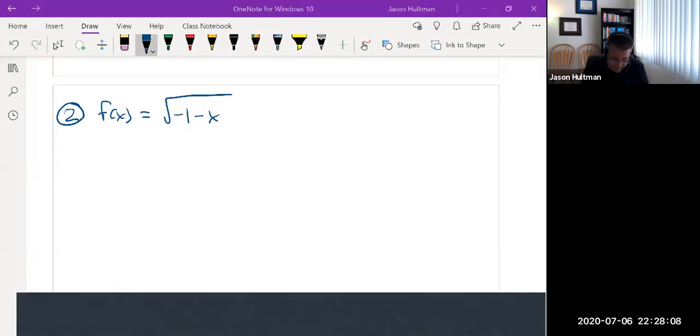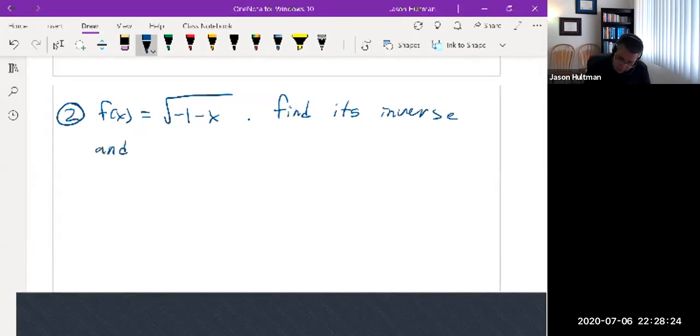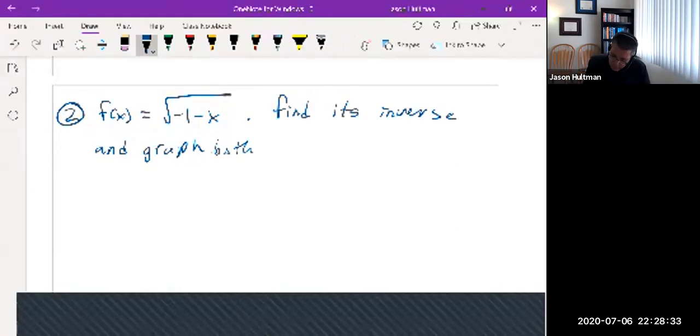We want to find its inverse and graph both functions. Let's go ahead and find its inverse.